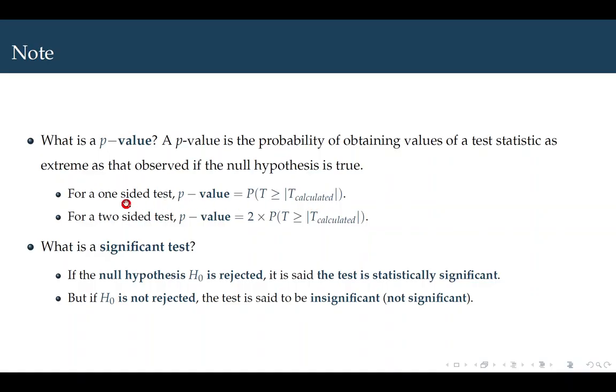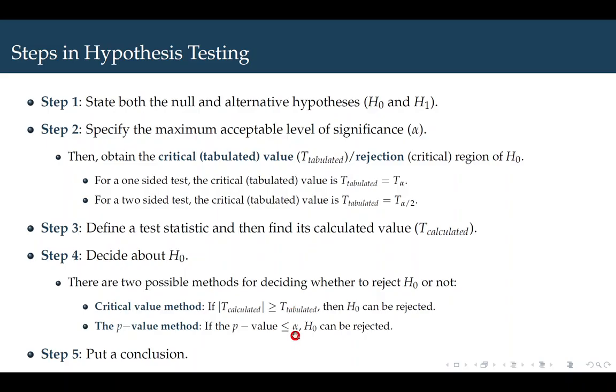This is for a one-sided test. And again, for a two-sided test, we need to multiply by 2, just 2 times the probability of t greater than or equal to the absolute value of the calculated test statistic. So if this p-value is less than the maximum acceptable level of significance, H naught can be rejected.